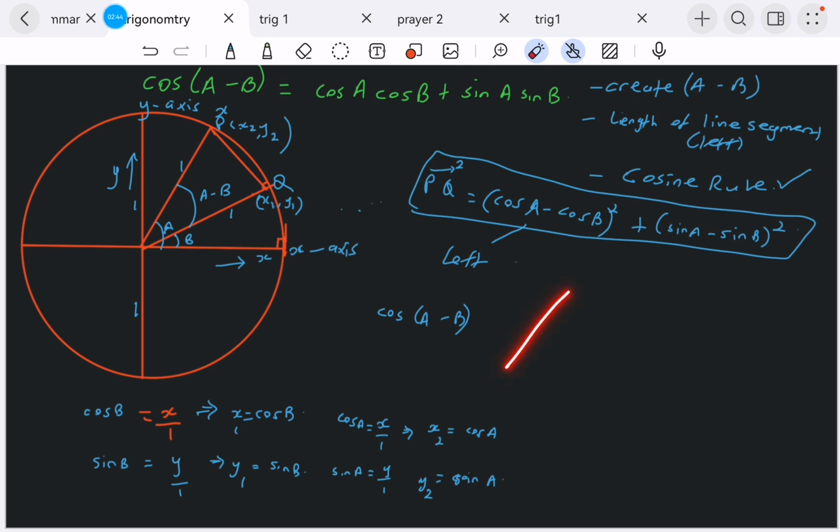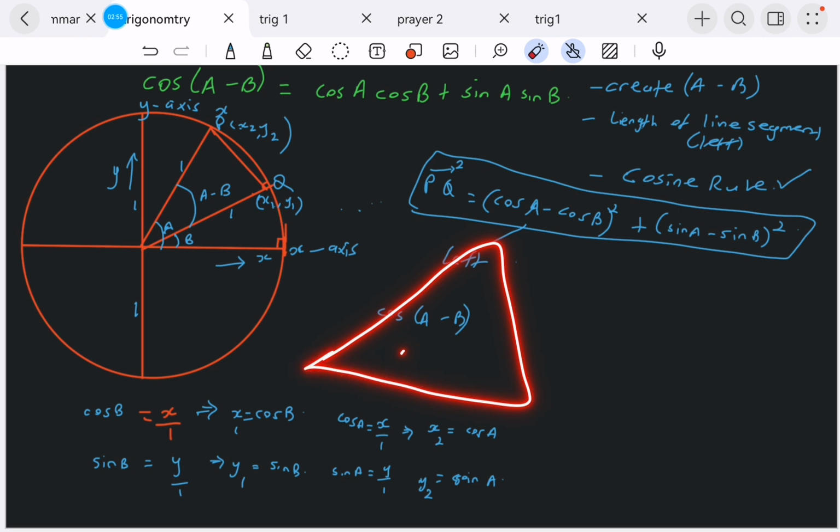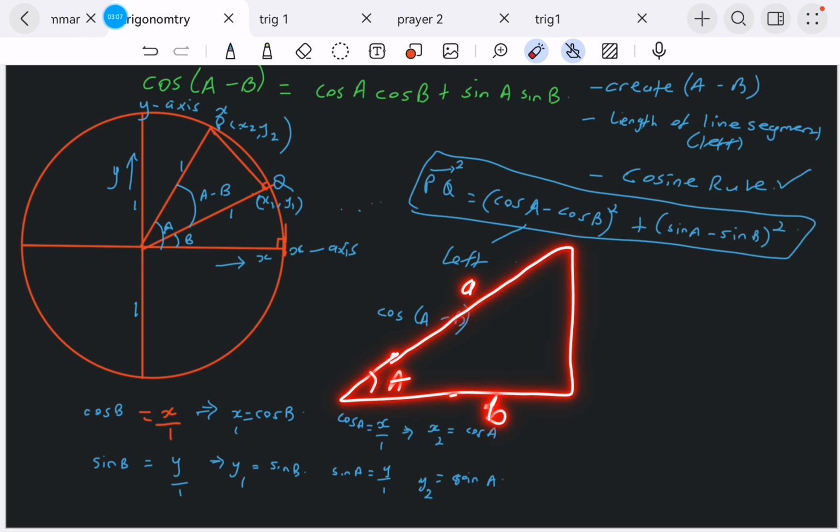yeah, so if we had such a triangle, once again, and this is A, assuming this is A and this is B, it is going to be equal to A squared plus B squared minus 2.